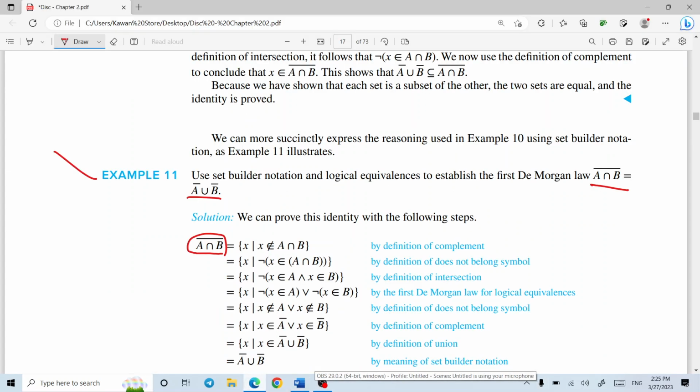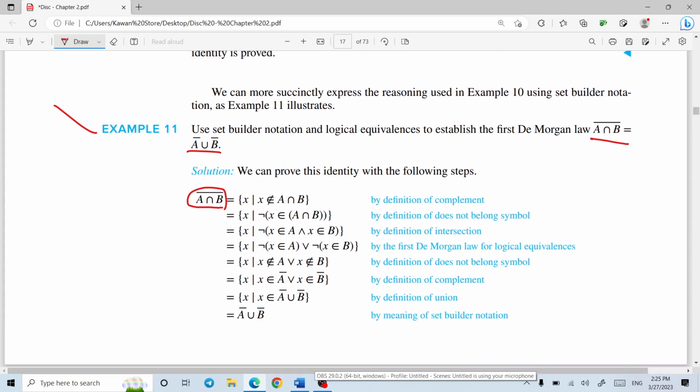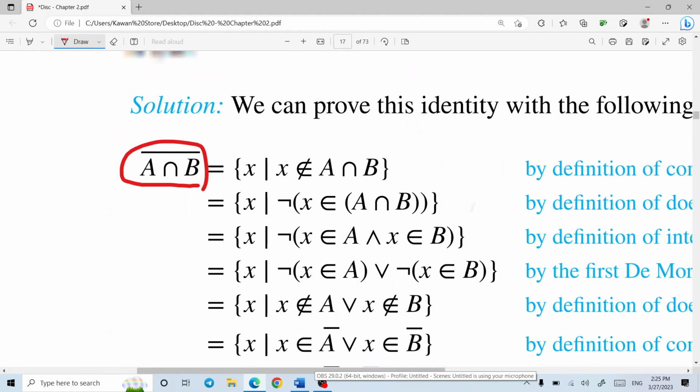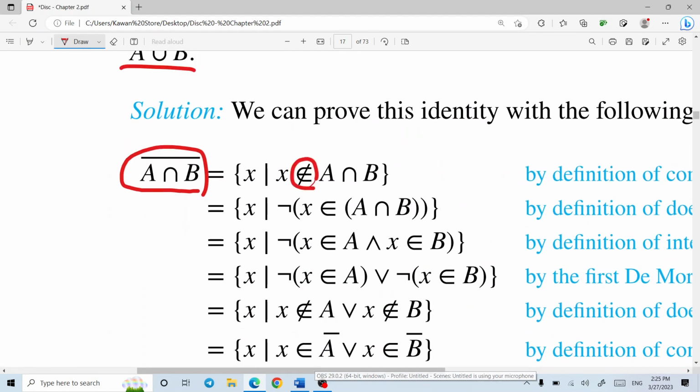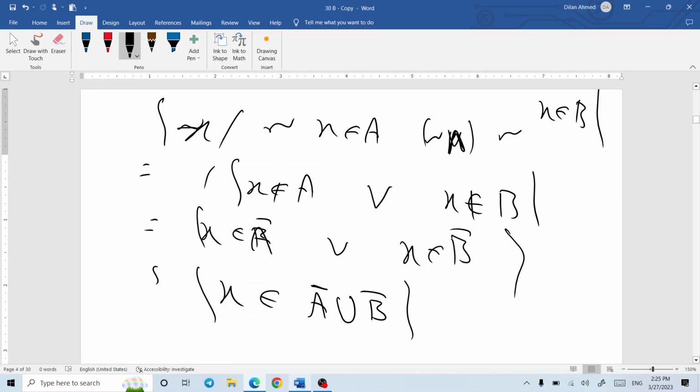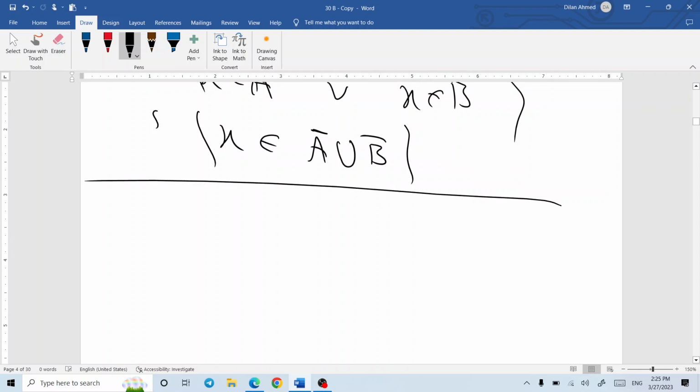What was going on? Let me check the lecture for you and show you on the lecture. Look at here. We say x does not belong to here. So if I take the negation, I will get what? x does not belong to that one, x belongs to that one, right? So that's why I told you we need to show that one.